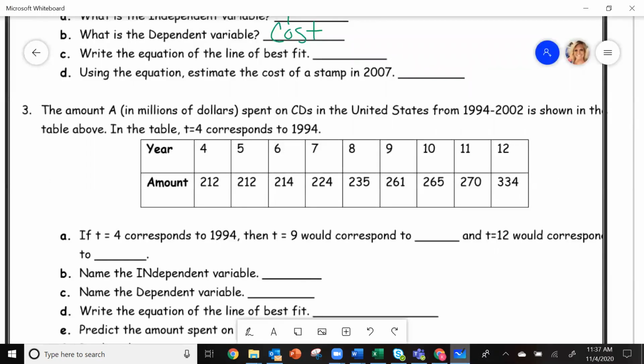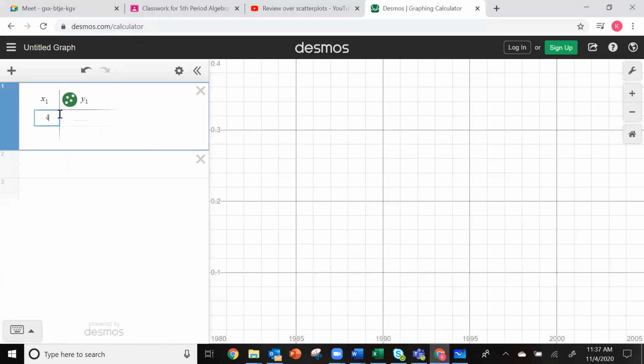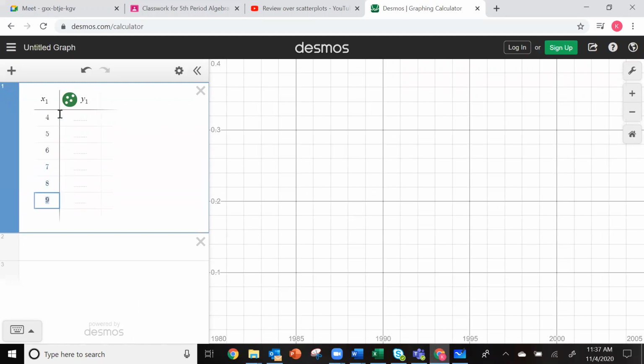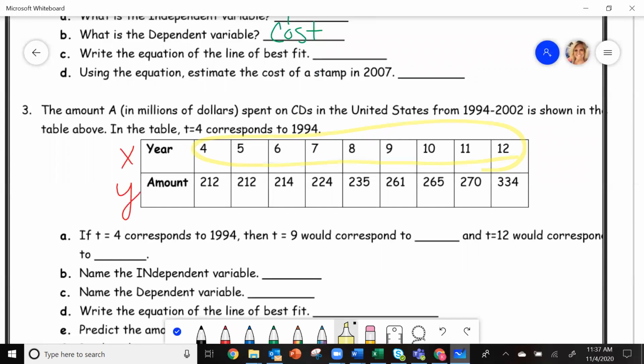As you look here, this is going to be my X and this is going to be my Y. My X values, we're going to put in for the X. We're going to go 4, 5, 6, all the way up to 12, starting at 4. So 4, 5, 6, 7, 8, 9, 10, 11, and 12.